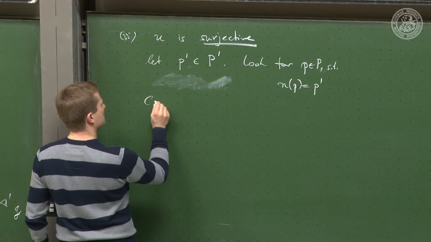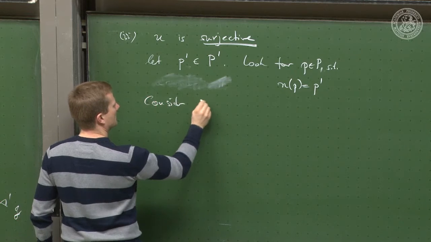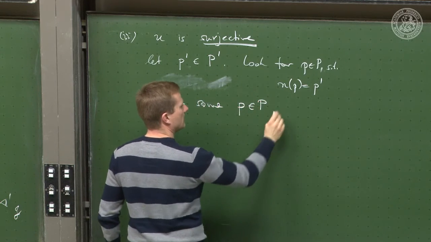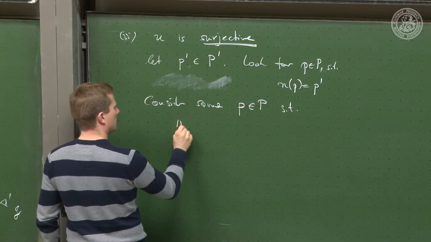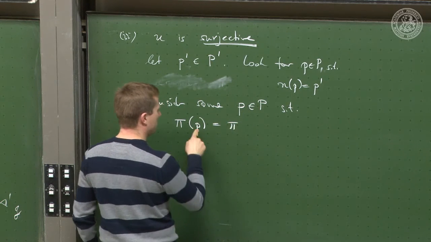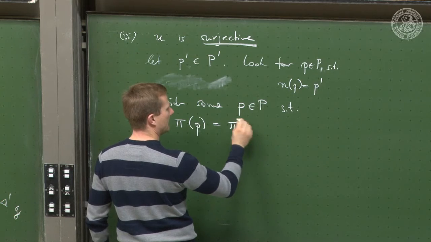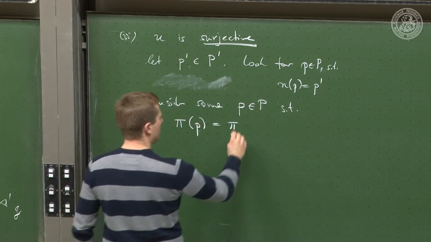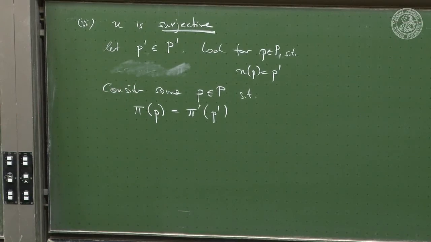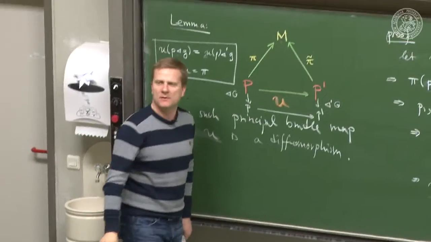And consider some P in P such that pi of P has the same base point as the pi prime of the P prime has. Why can I ask about the same base point? Well, because they both map into the same manifold.